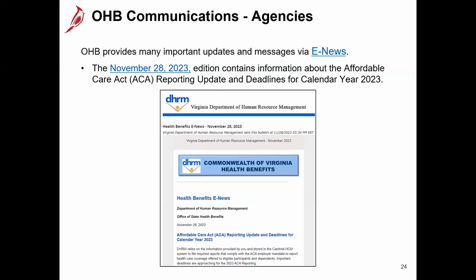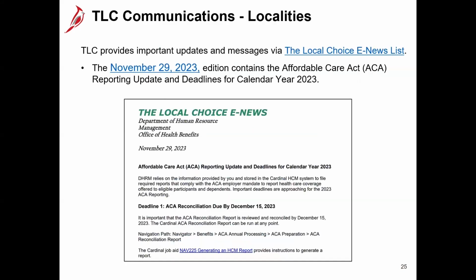On the next slide, we reference the TLC communication. If you go to the TLC web page, there is a whole link with all of the e-newses that are referenced here. That's a great guide for you to go back and look at what's happened over the year, if for some reason you missed an email, or if you're not the benefit contact in Cardinal, and we'll talk about that on the next page.